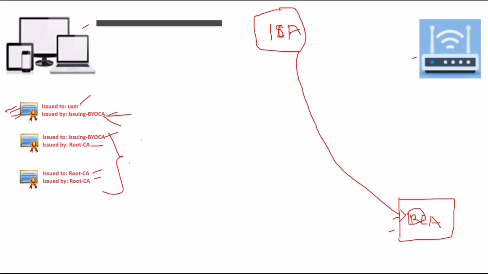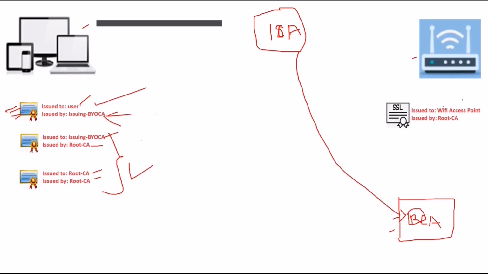These two certificates need to be there in the device beforehand, and then the device is going to get the SCEP certificate over here. So that is the prerequisite that we have on the left-hand side. Now let's see the prerequisite on the right-hand side. On the right-hand side, this Wi-Fi endpoint needs an SSL certificate so that the devices can communicate with it securely. So this device is going to have an SSL certificate.